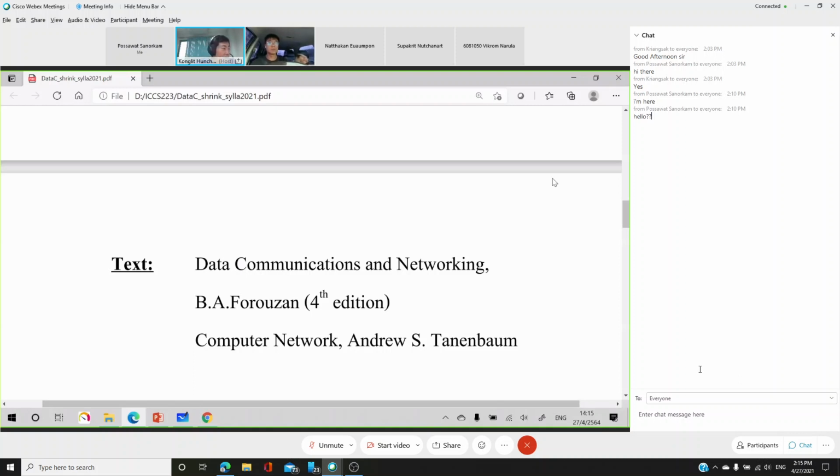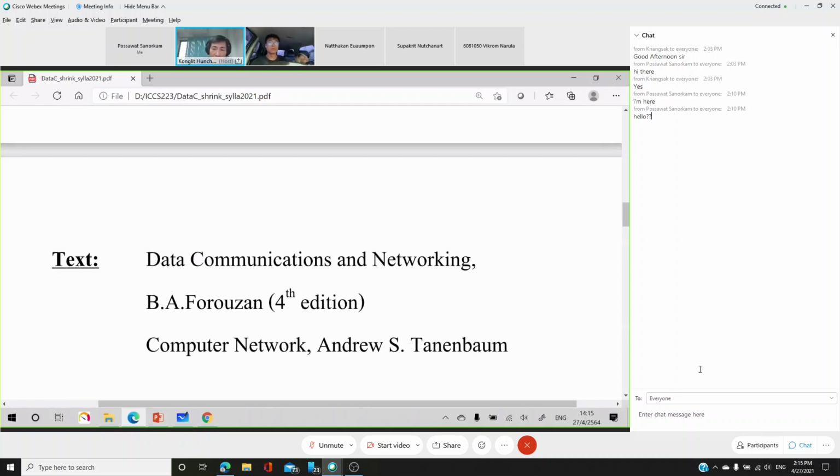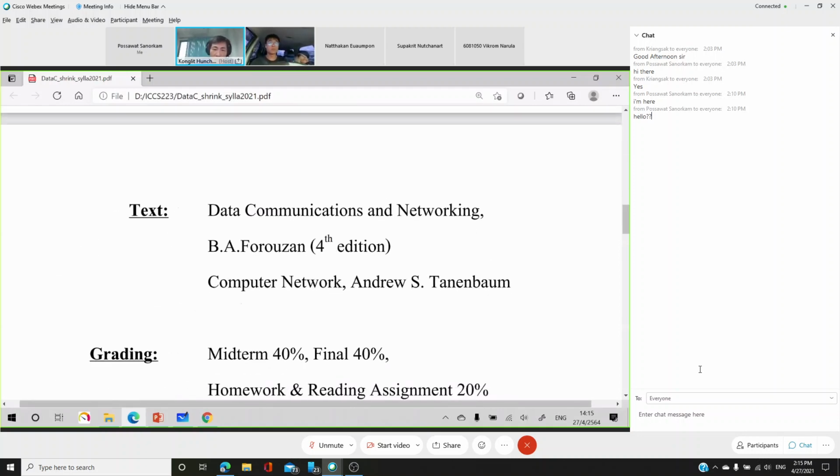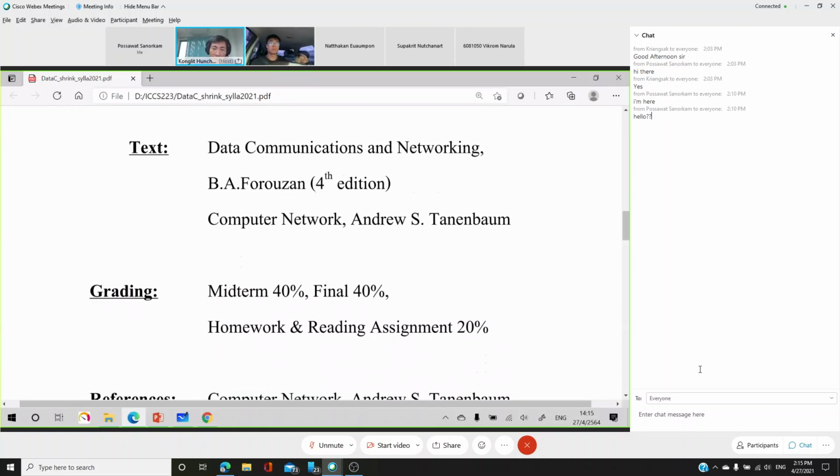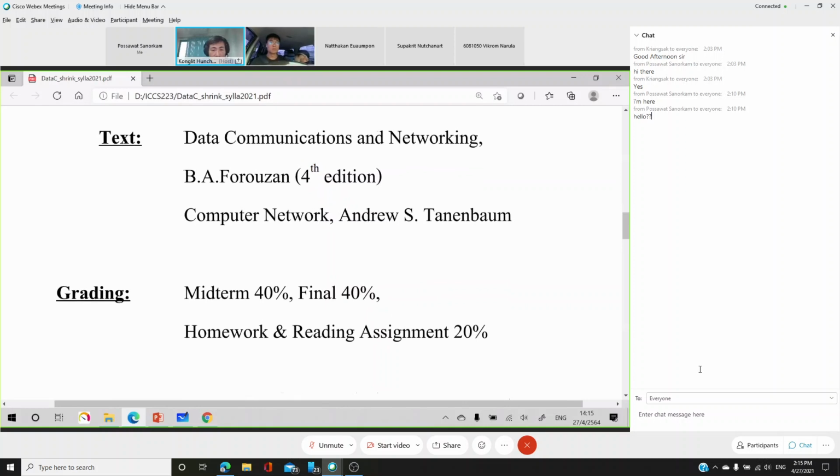Before the exam, I will give you a review session so you know what to expect. This is how the grading looks: midterm 40%, final 40%, and homework and reading assignments 20%. Any comments?